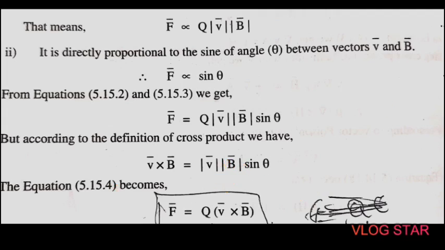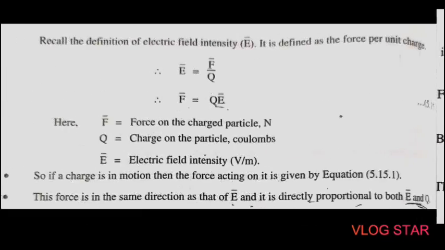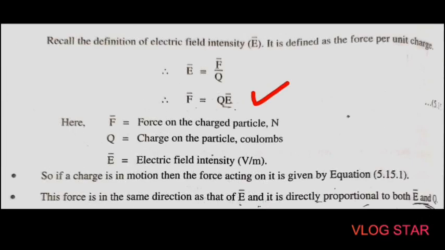Here we get basically two equations of force. The first is F bar is equal to Q V bar cross B bar, and in the previous equation we have also seen F bar is equal to Q into E bar. So the force on a moving particle due to the combined electric and magnetic field is obtained by adding these two equations.